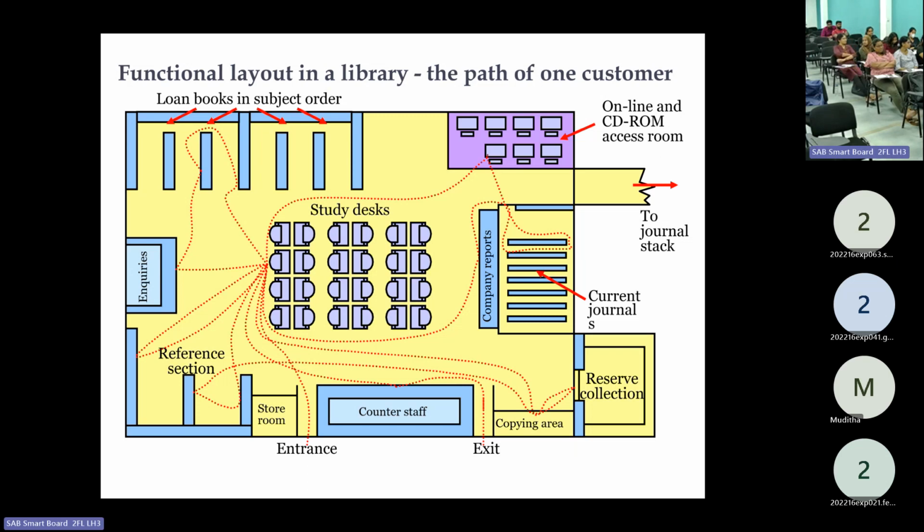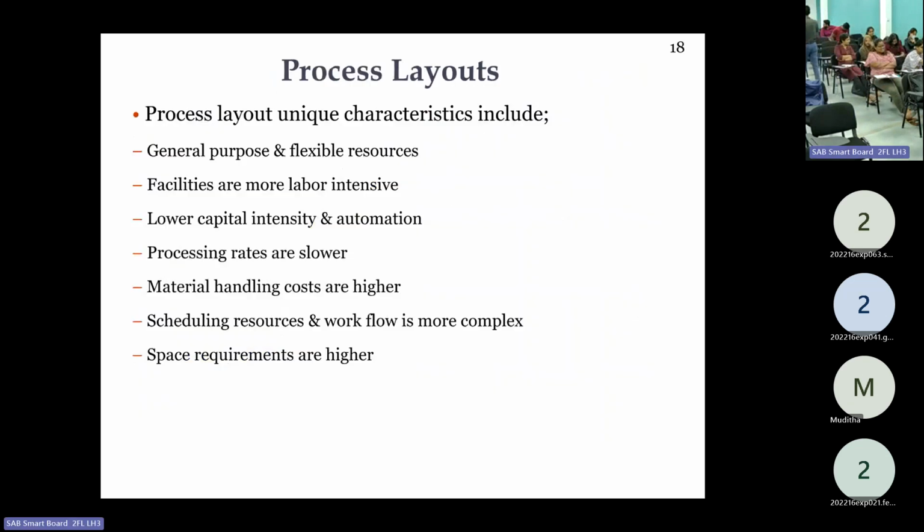Other details of this layout character are given here. I'm going to explain them, but we'll just read them. In this type of layout, we see general purpose resources and flexible resources. General purpose.